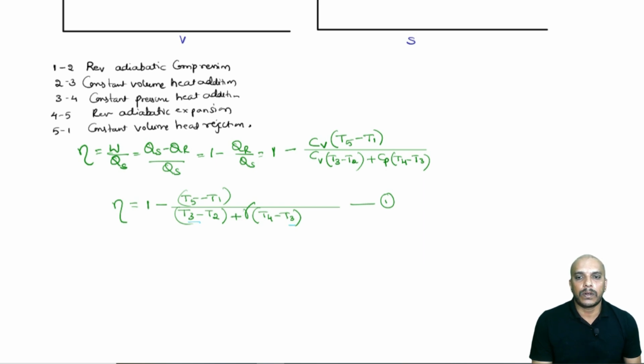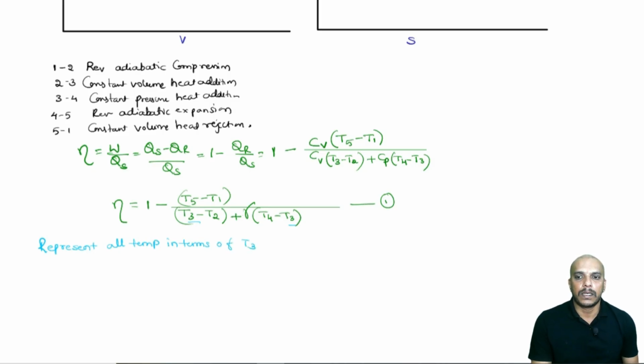So, maybe if we want to cancel out this temperature, our idea is to represent all the temperatures in terms of T3. So, idea is, if at all we want to remember this equation derivation, represent all temperatures in terms of T3. So, that is what we will try to do.